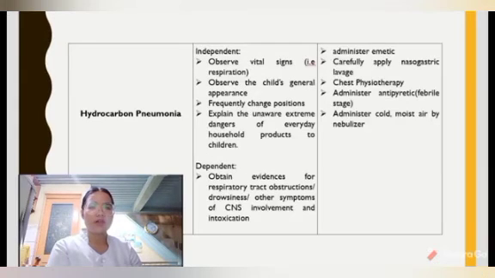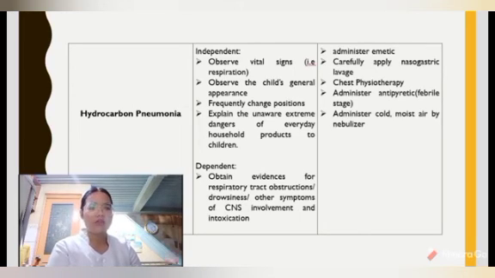Then for the next type of pneumonia, we have hydrocarbon pneumonia. So for the nursing intervention, we have to first observe the vital signs of the client, and the most important part of this would be the respiration. Next would be to observe the child's general appearance, and then frequently change the positions of the child, and then explain the awareness or unawareness of the extreme dangers that different everyday household products can do to children.